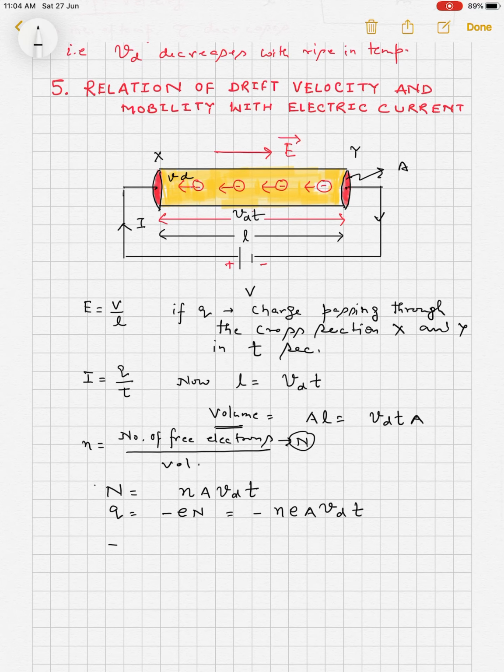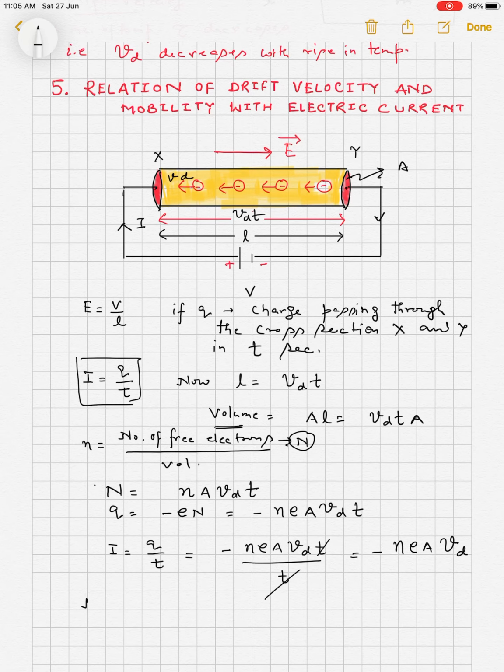So I equal to Q upon t, as we have written earlier. Putting the value, minus n e A vd t divided by t, t is cancelled out. So it is minus n e A vd. This is the formula for electric current.